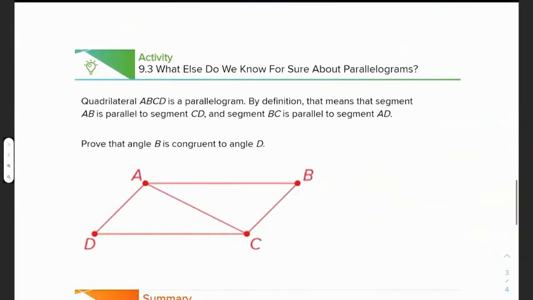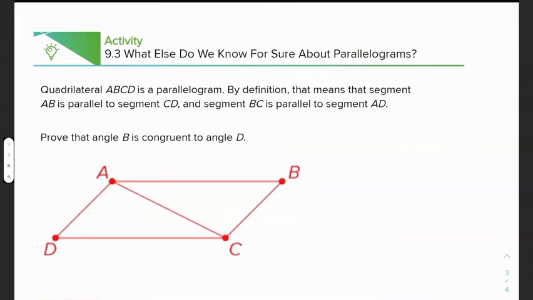Okay, all right, so activity 9.3, we're proving that angle B is congruent to angle D. Well, what did they give us? Like, that's the first thing. So they tell us that this image is a parallelogram. Nice. So they gave us that. By definition, that means segment AB, ooh, they're giving us more.